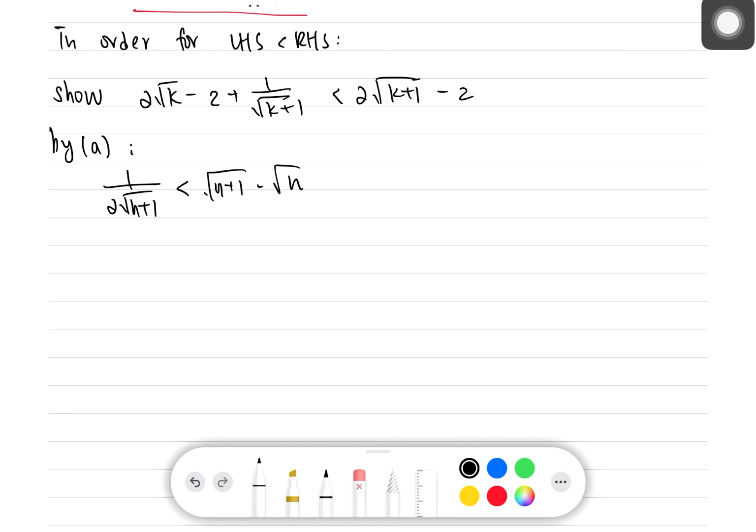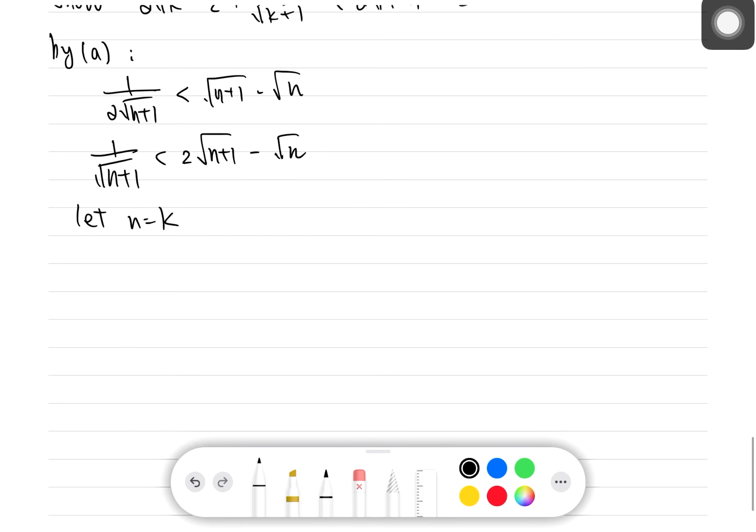After rearranging this, we get this, minus root n. So we will let n equal k. Therefore, 1 over root k plus 1 is smaller than 2 root k plus 1 minus root k.